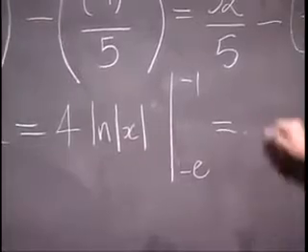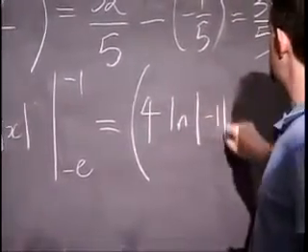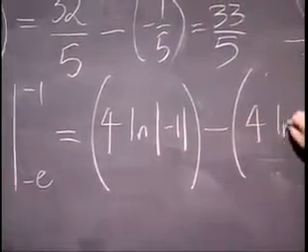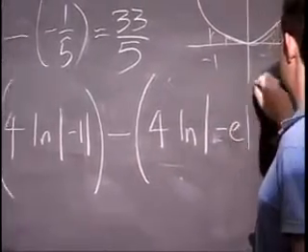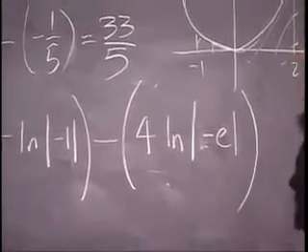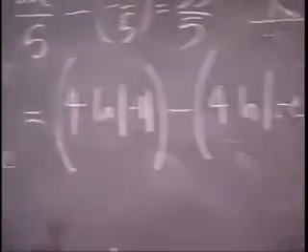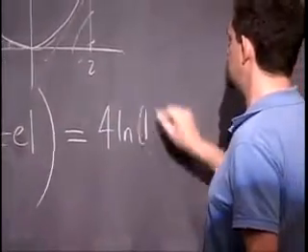If you do this, you get 4 log absolute value of minus 1, minus 4 log absolute value of minus e. So you take the right evaluation minus the left evaluation. And you get 4 log 1 minus 4 log e.